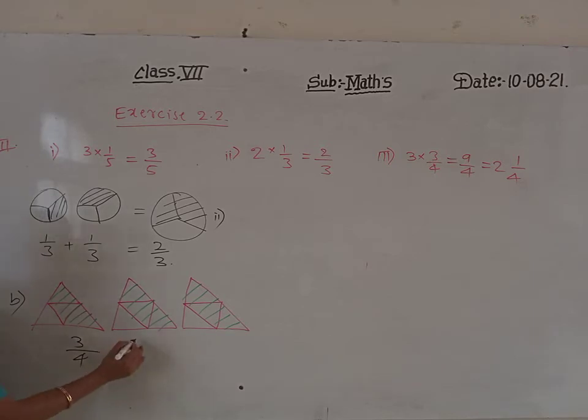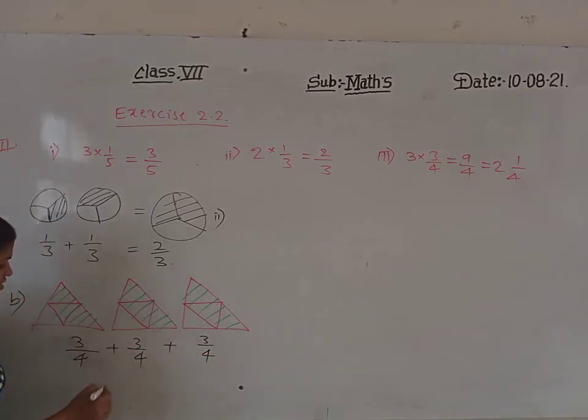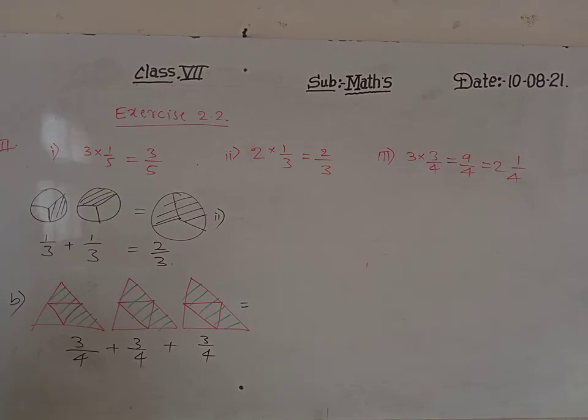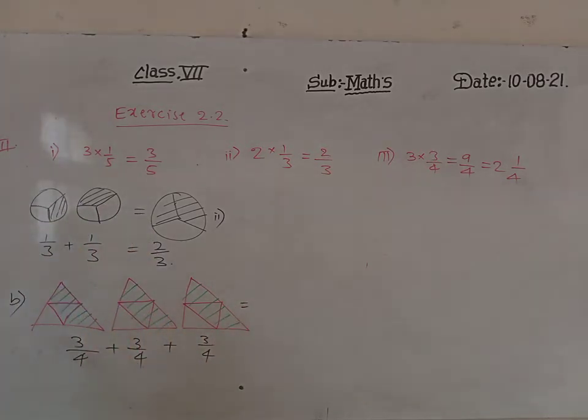We can add these 3. Together we can write it as 3 into 3 by 4, that is 9 by 4. 9 by 4, how can you write? 2 whole 1 by 4.